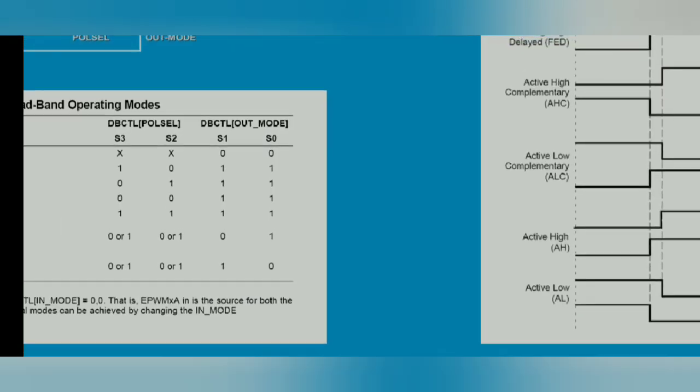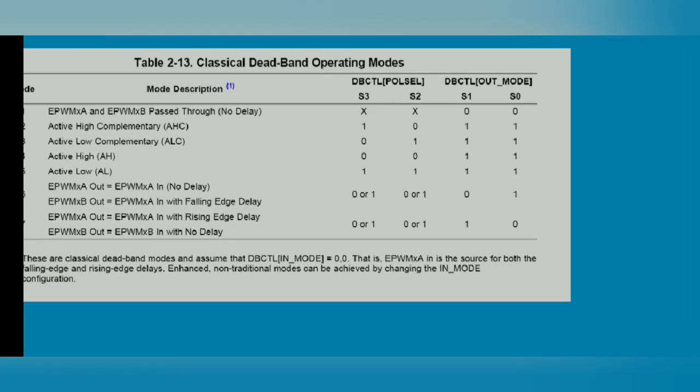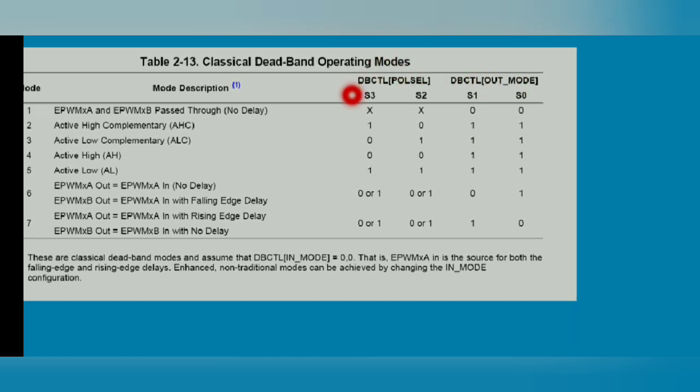Similarly, by selecting the values of the output mode and the polarity selections, we can decide what kind of action we want. We want active high complementary, active low complementary, active high, active low, or we don't want any delay, or we want the delay in ePWM A with the falling edge delay, or the delay in ePWM A with the rising edge delay.